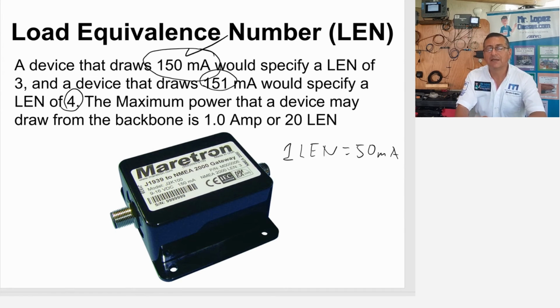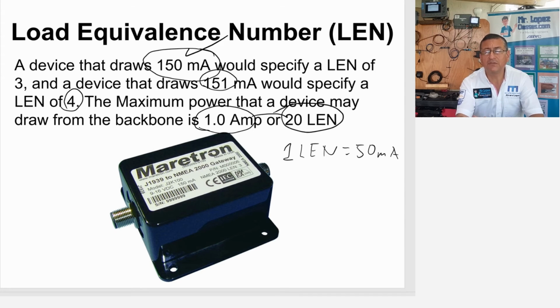Okay, 4 LEN. The maximum current that a device may draw from the backbone is 1 amp. 1 amp is 20 LEN, because 50 milliamps times 20 is 1 amp. Perfect. The maximum LEN in order to be connected directly to the backbone is 20.